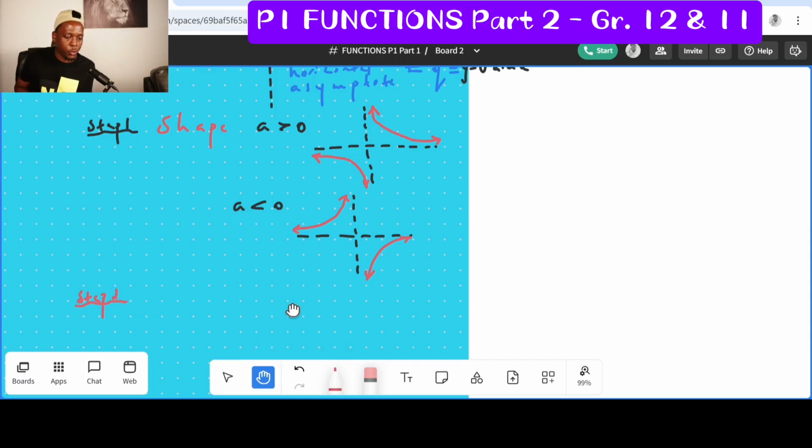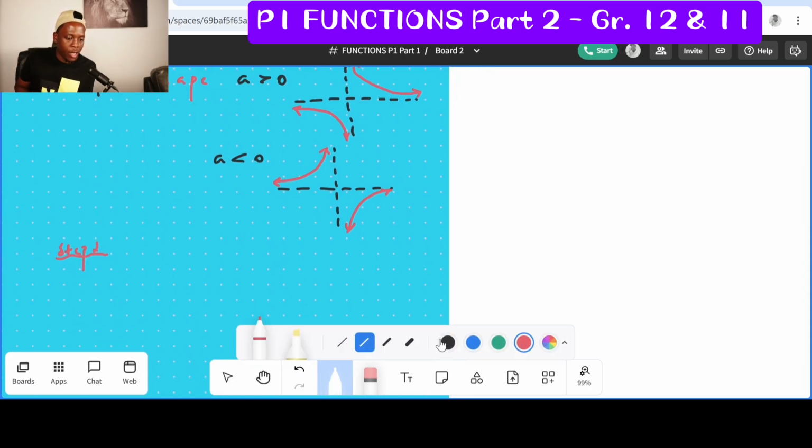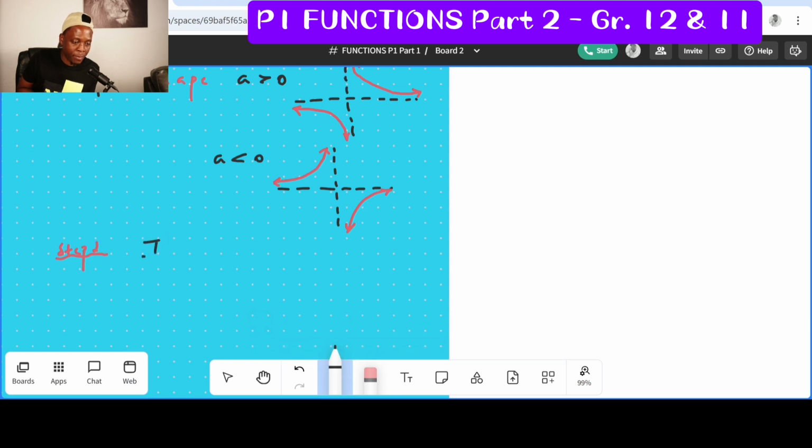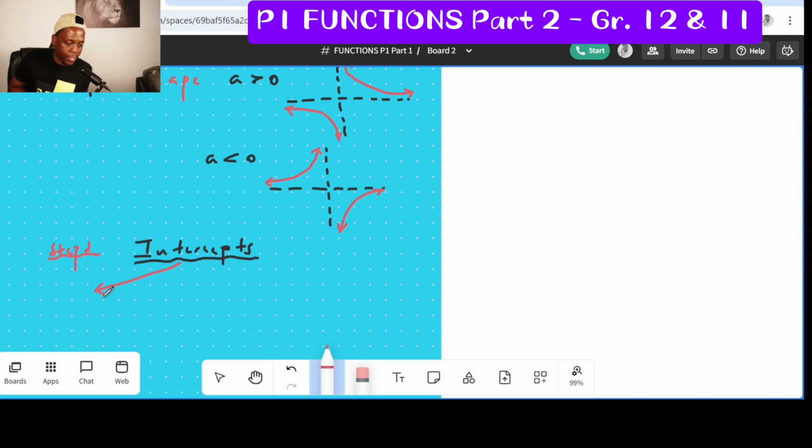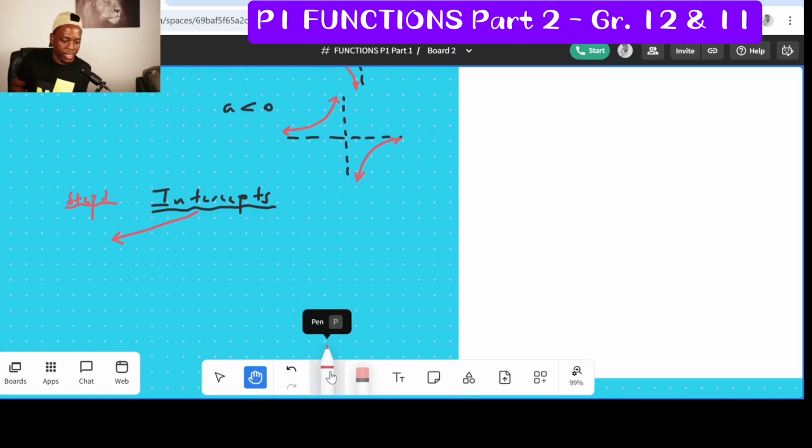In step 2, we remember that a graph is a relationship between x and y. Therefore, it may cut the y-axis and it may cut the x-axis. So in step 2, we find the intercepts with the axis. We can just start with the x-intercept.